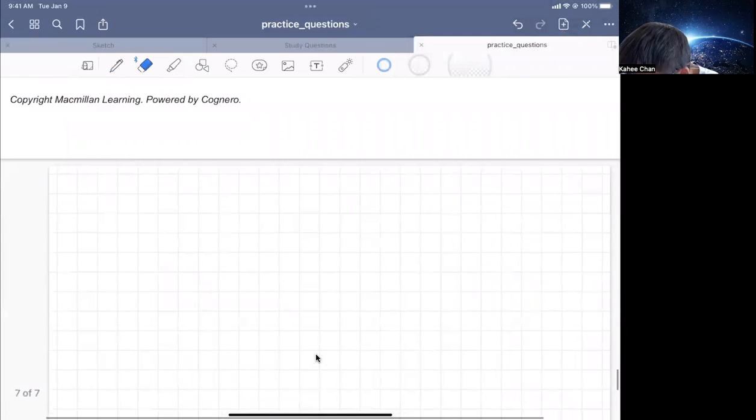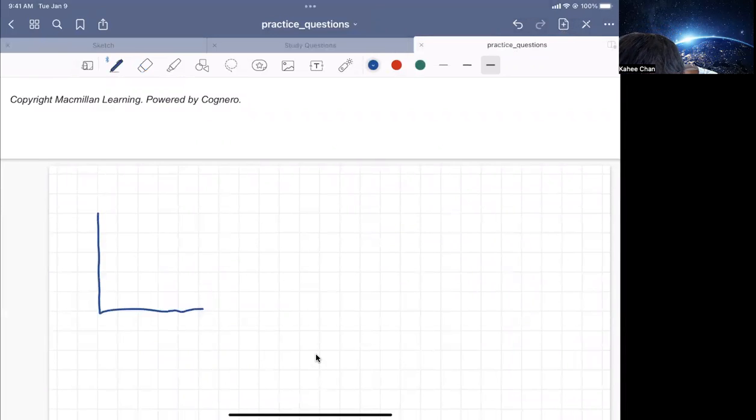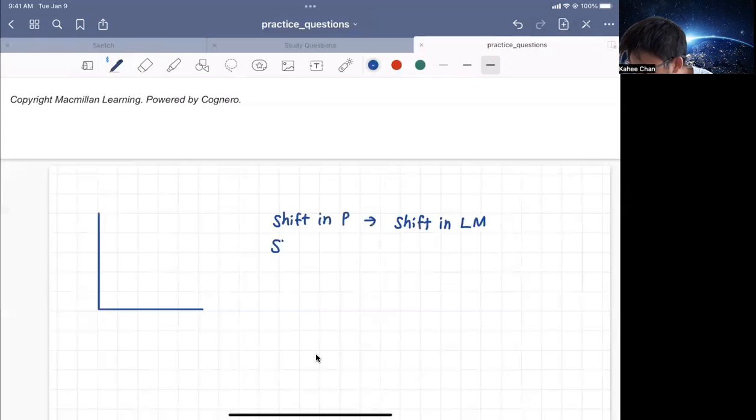So recalling, when there's a shift in P that causes a shift in LM, actually, we can shift M and also shift LM, right?